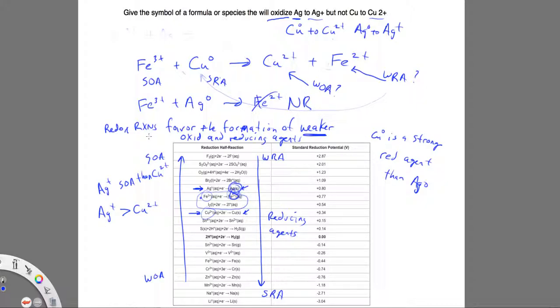So to answer this question, is there a species that will oxidize copper metal to copper 2, but not silver metal to silver? The answer to this question is yes. It would be iron 3. Another example, we could say, or iodine. So those are in between.